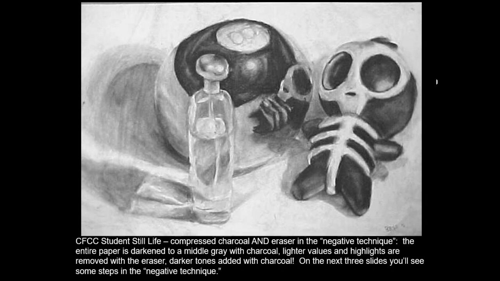So even though it looks like this was made on a white sheet of paper by adding marks, it was actually made in the completely opposite manner. And it does feel a little bit more like the way that a painting looks, because you have a base value established across the whole surface.